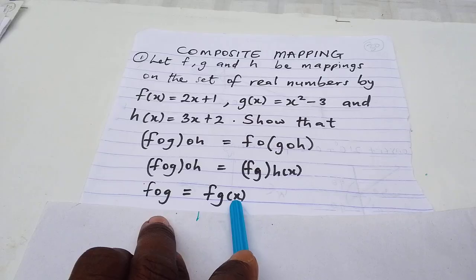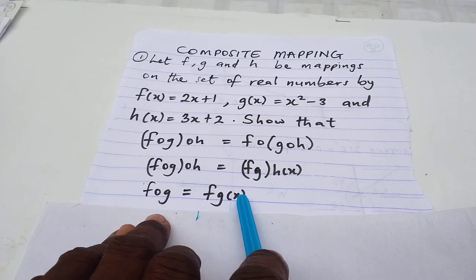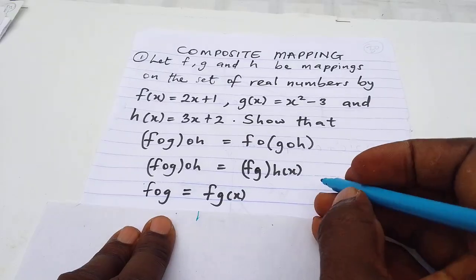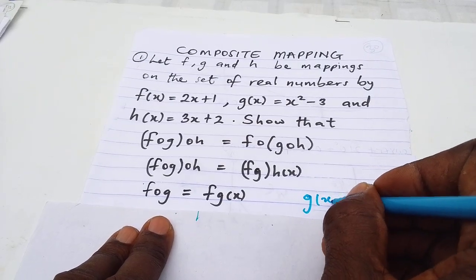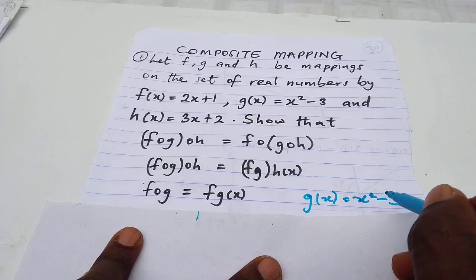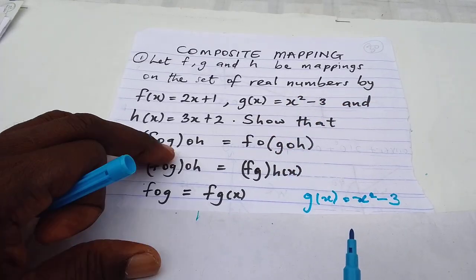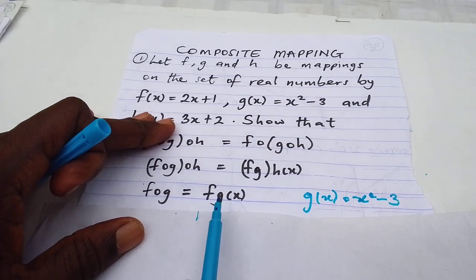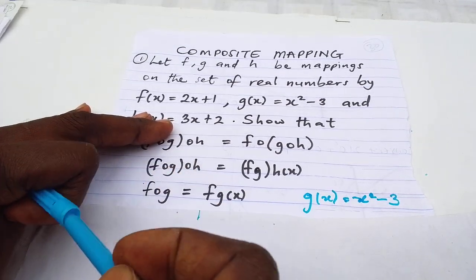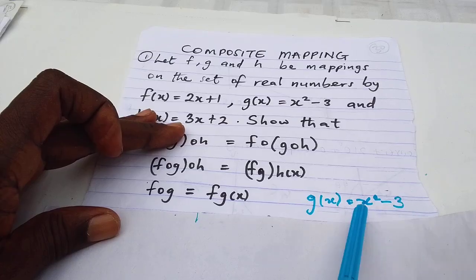So now you are having what? g of x. So to remove this g, you know the mapping of g of x is x squared minus 3. This is what we are having here. To remove this g, you are going to substitute x squared minus 3 into this.